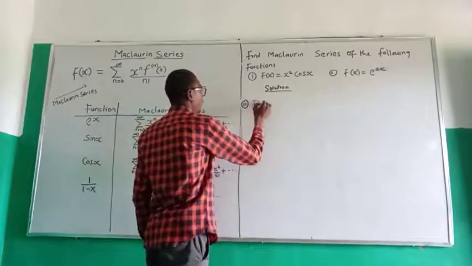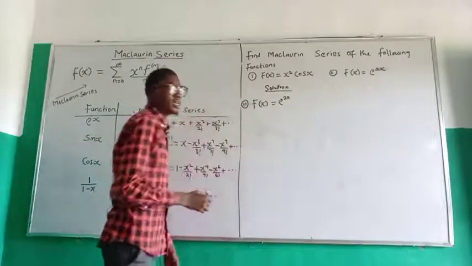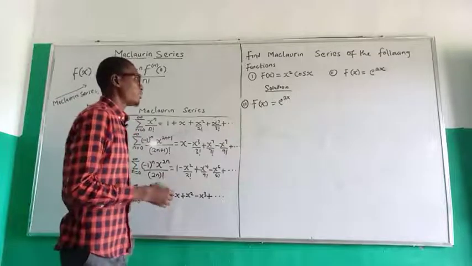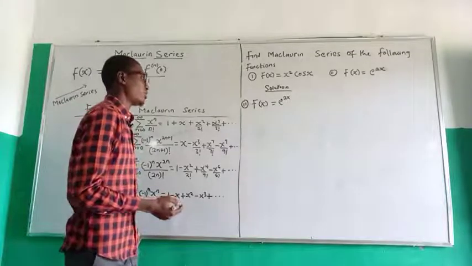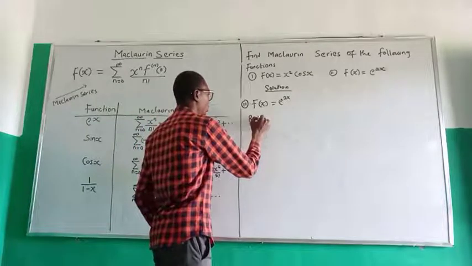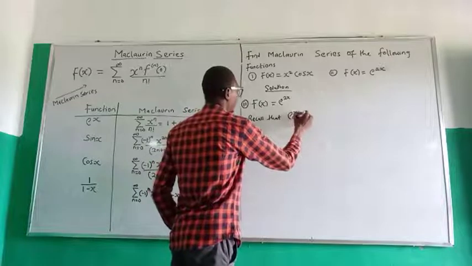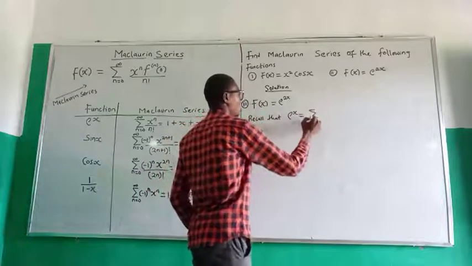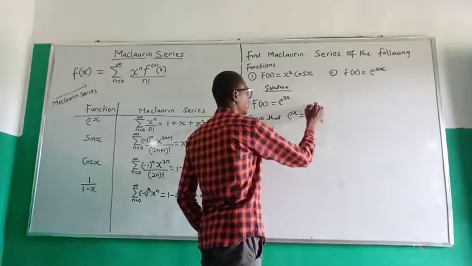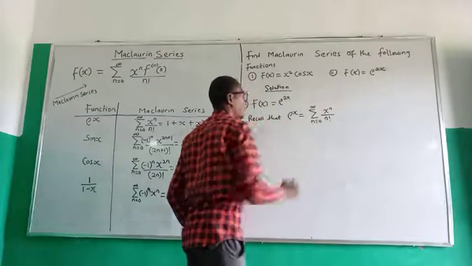Question 2. You have f of x to be exponential 2x. When you look at this, don't forget the first thing is that you have to recall that the Maclaurin series of exponential x is the summation n equals 0 to infinity of x raised to the power of n divided by n factorial.